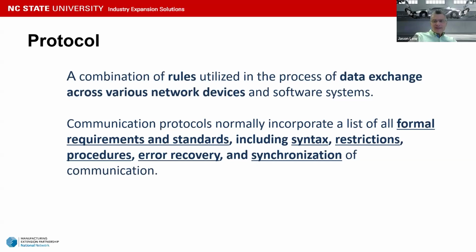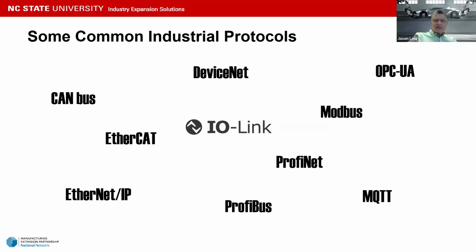We want to take these things for granted, and that's fine. And so last time we looked at some of our typical industrial protocols that are available in control and in PLCs, for instance, programmable logic controllers.